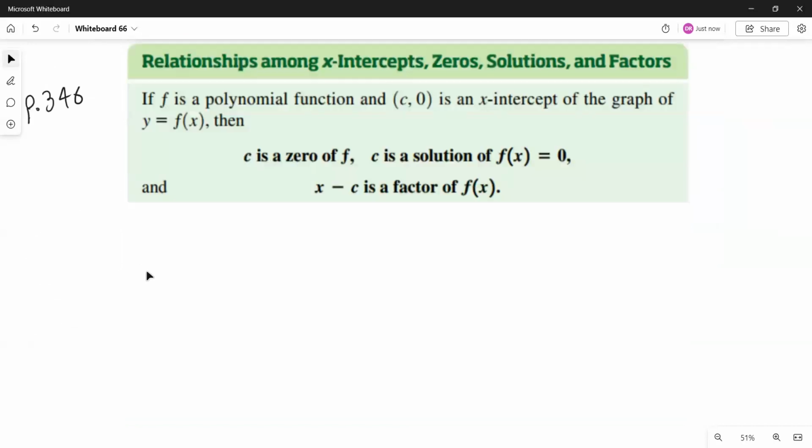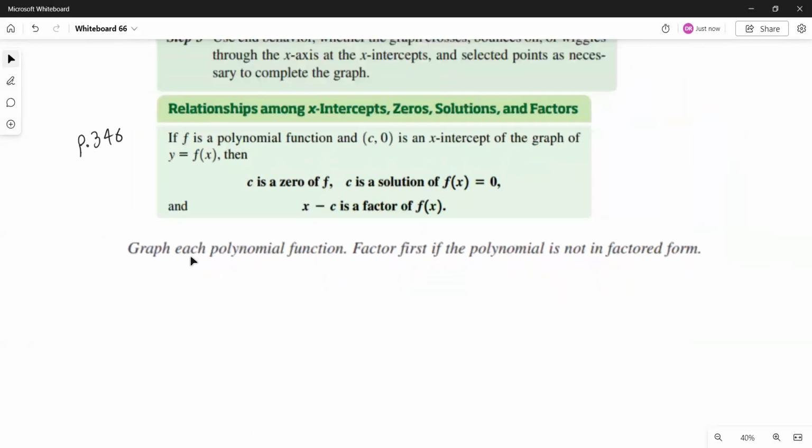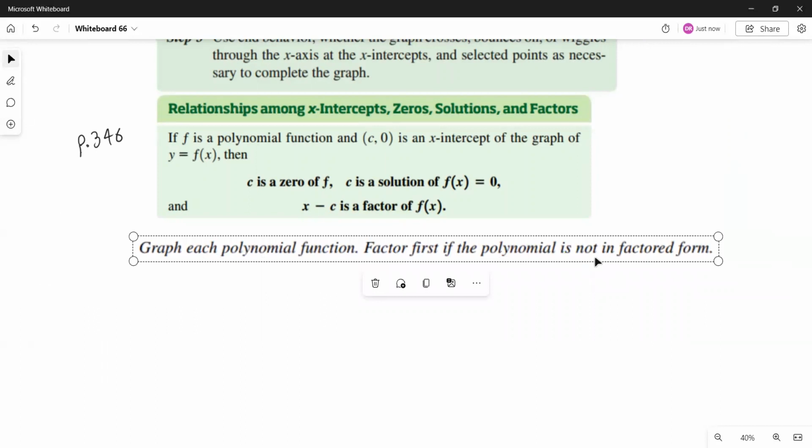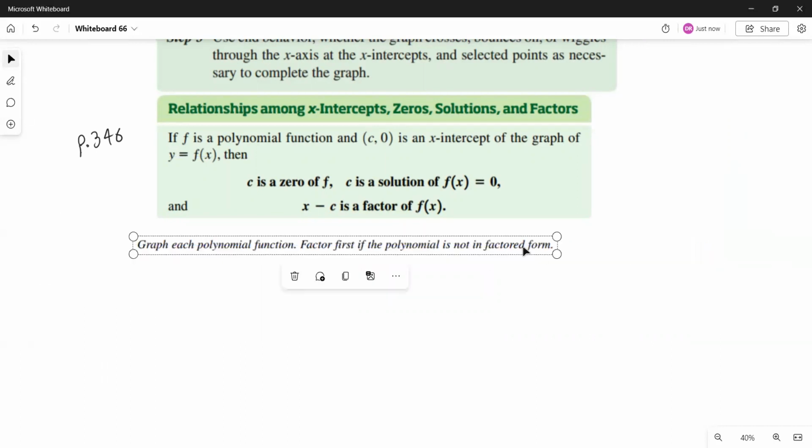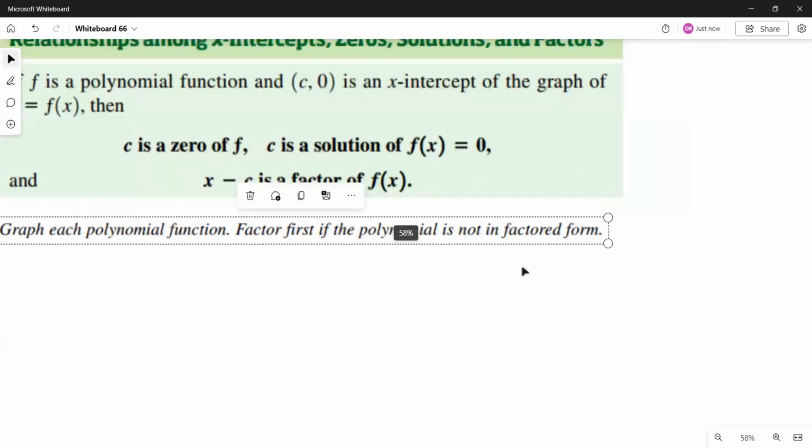So we are going to graph the given polynomial functions in the following examples. We are going to graph each polynomial function, and factor first if the polynomial is not in factor form.